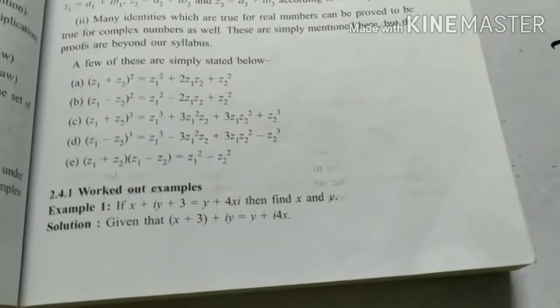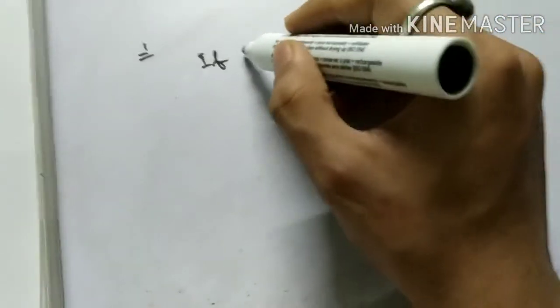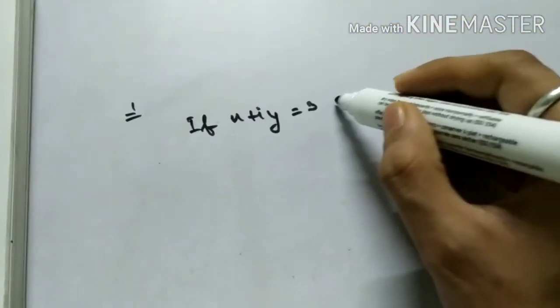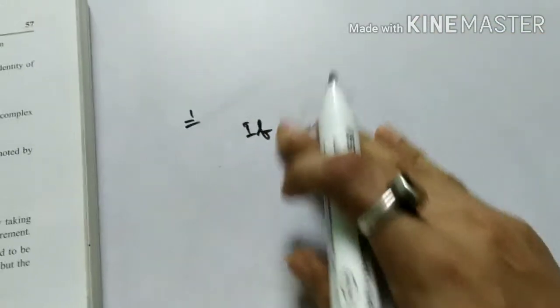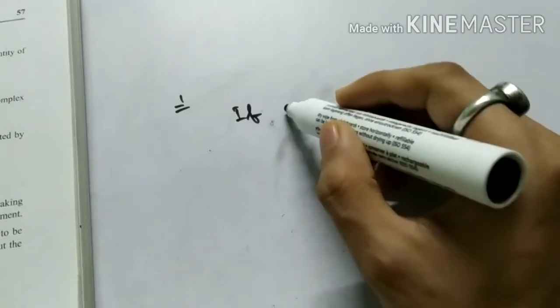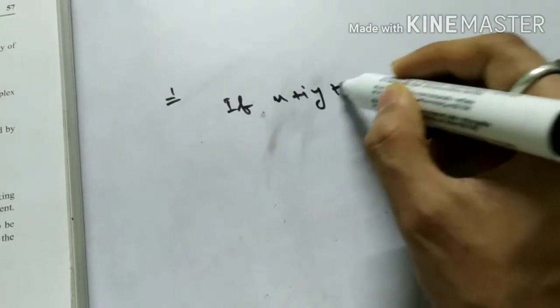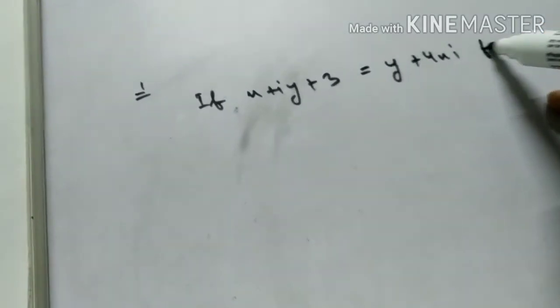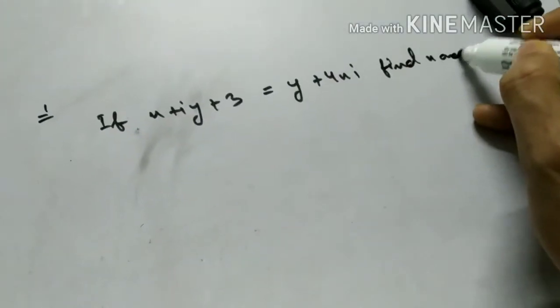So first you see example number 1. Let's see example number 1. If x plus iy plus 3 is equal to y plus 4xi, find x and y.